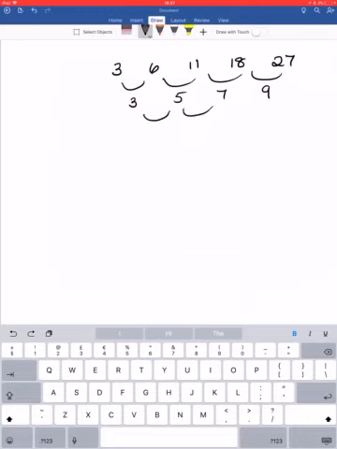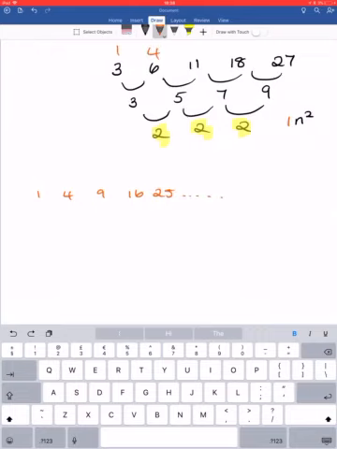So I have to play it again. And I've got the same difference. That means it must be an n squared. And then I halve this coefficient here. So it must be 1n squared. My square numbers are 1, 4, 9, 16, 25, etc. So I'm going to compare that with the sequence I've got.